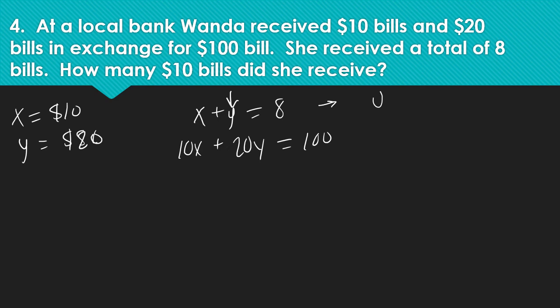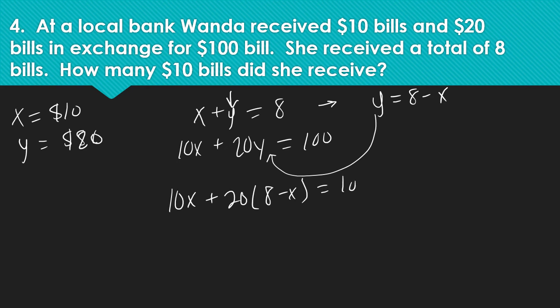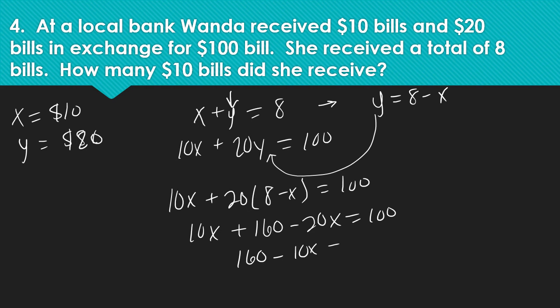So we want to solve for Y because we want to focus on X. So that leaves us with y equals 8 minus x. We're going to substitute this in, and we get 10x plus 20 times 8 minus x equals 100. That gives me 10x plus 160 minus 20x equals 100. That gives me 160 minus 10x equals 100.